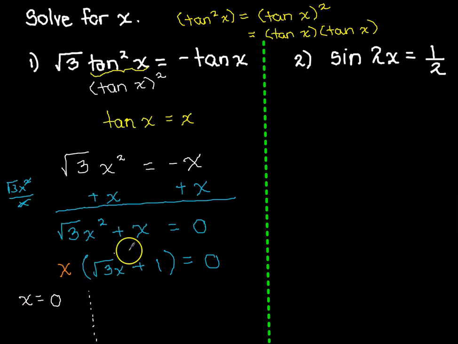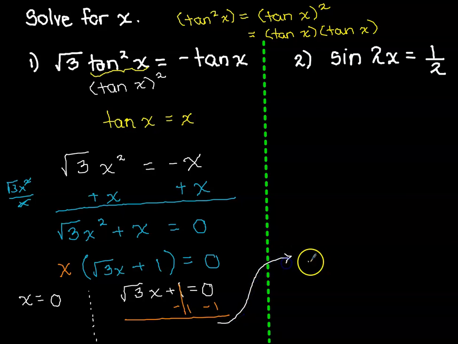There's nothing to solve here if I set x equal to 0, but if I set square root of 3 x plus 1 equals 0, I'm going to get x by itself by subtracting 1 on both sides. I'll get square root of 3 x equals negative 1. I need to get x by itself, so I'm going to divide both sides by the square root of 3, because x is being multiplied by square root of 3, so to get rid of it, divide.